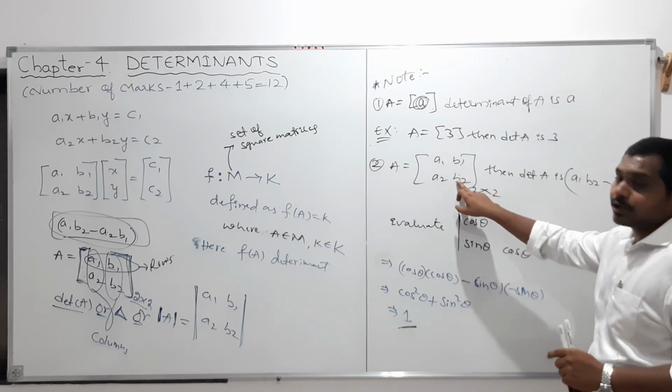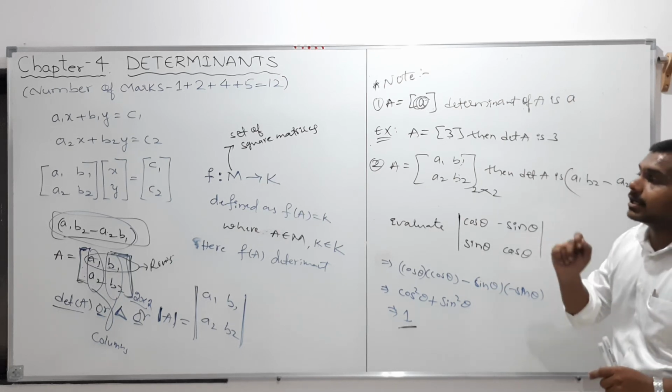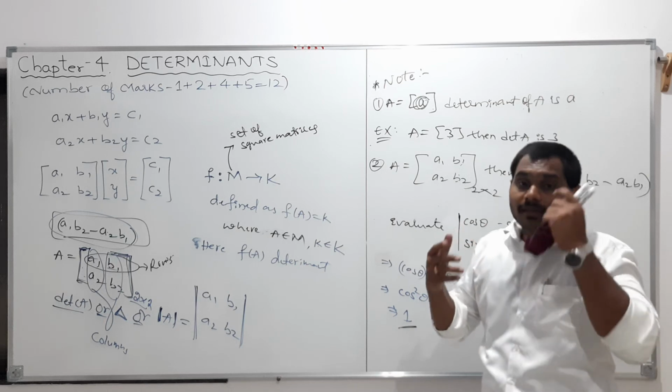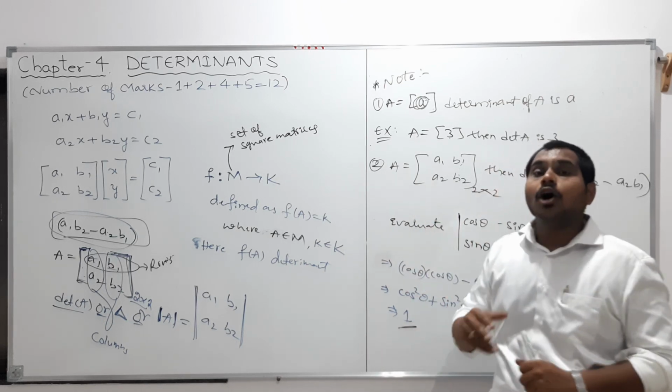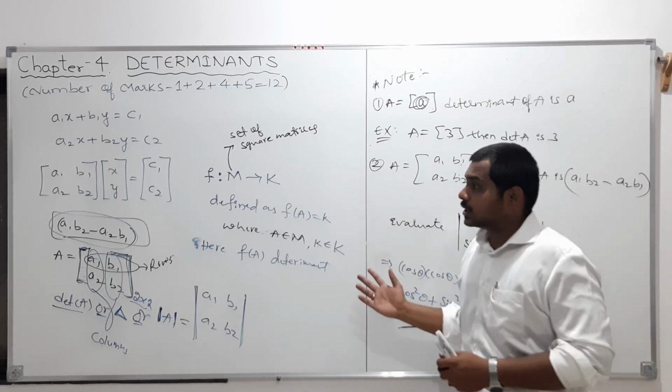That is, this element into this element minus this element into this element gives you the determinant value. Clear? I hope you understood. And how to calculate if the given matrix is of the order 3 cross 3, we will discuss in the next video.